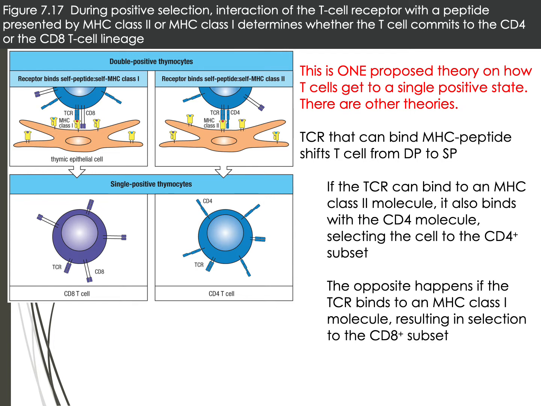So this model states that during the positive selection state, when it's double positive, which MHC it interacts with commits it to either a CD4 or a CD8 lineage. And I'm not saying that this is wrong, I'm just saying this is one of the proposed theories, and the way it's presented in this textbook makes it seem like this is the theory.